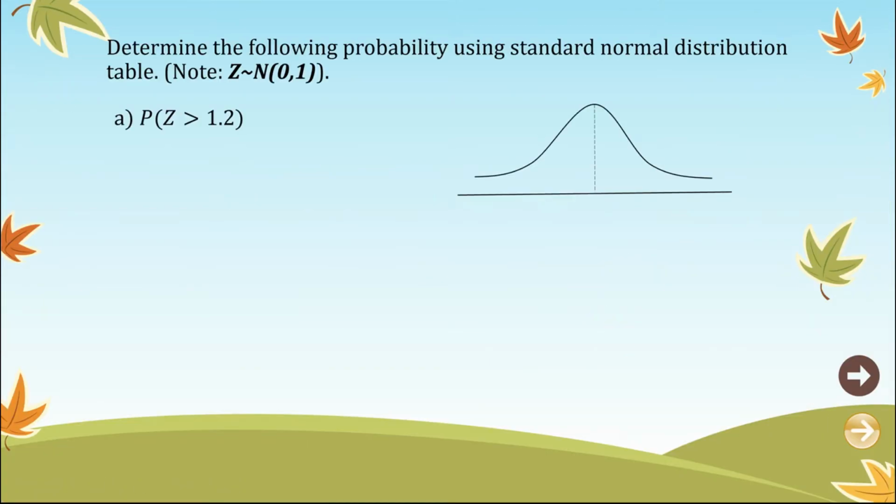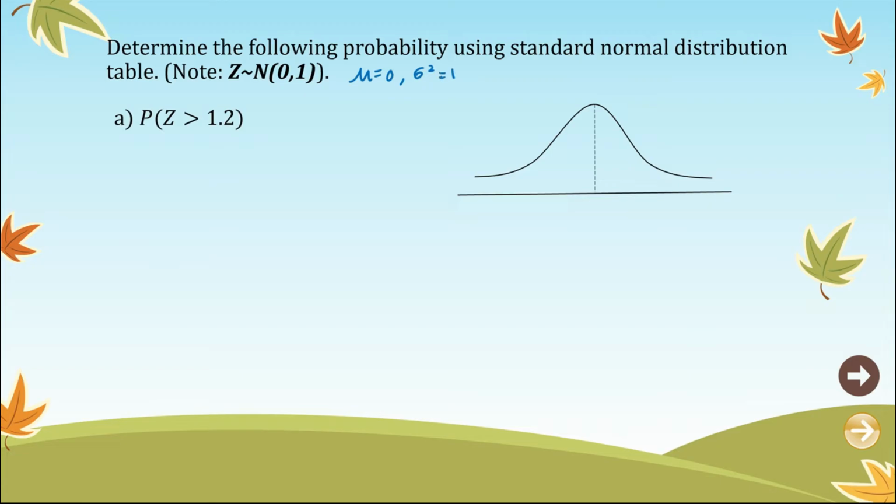Determine the following probability using the standard normal distribution table. Note that Z is normally distributed with 0, 1, so mean is 0 and 1 is our variance.